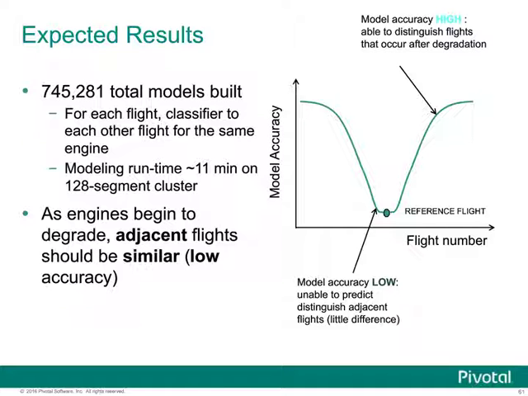Now, the ones far away should be easy to differentiate because there should have been some change that occurred in the engine, and now we'd be able to recognize things about this current reference flight that are different from the ones that were long ago or in the distant future.